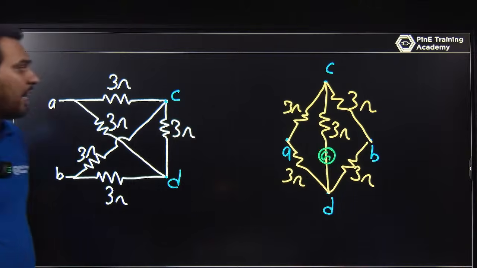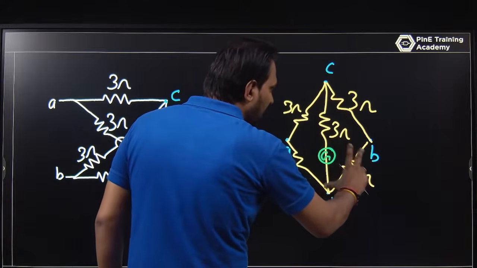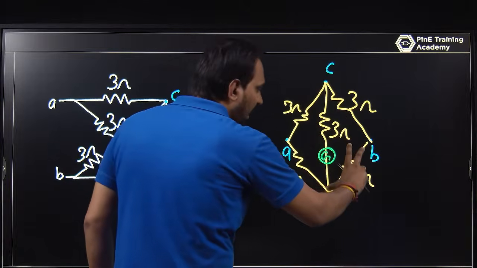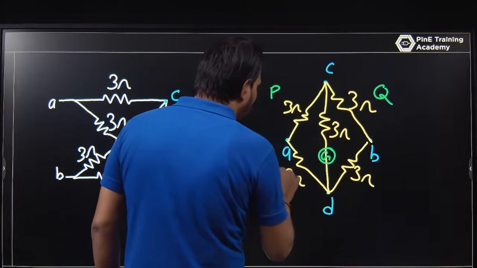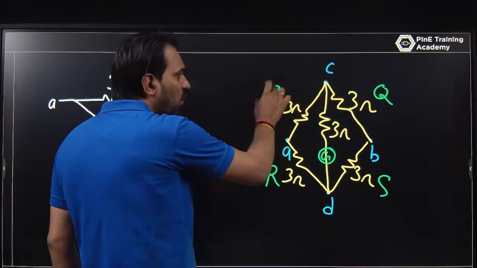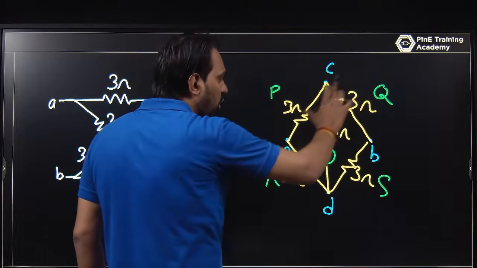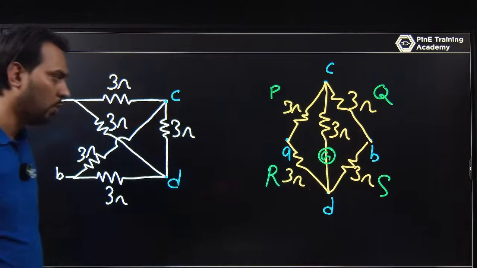Or I can say that let this be P, this be Q, this be R, this be S. In between AC you have a P value, in between BC a Q value, in between AD an R value, and in between BD an S value.